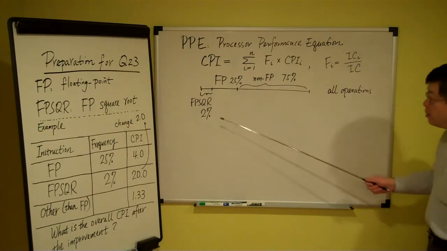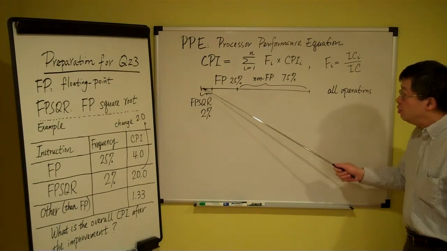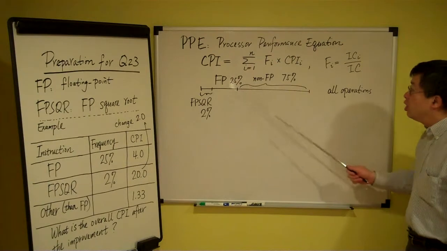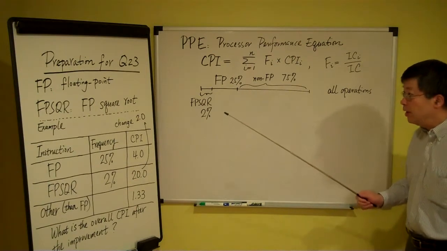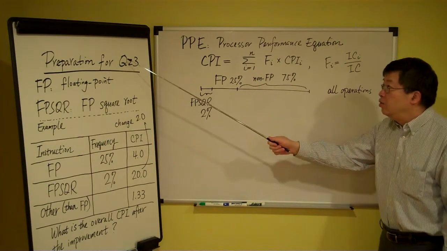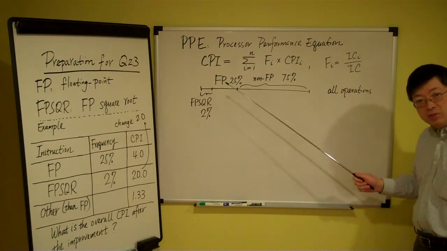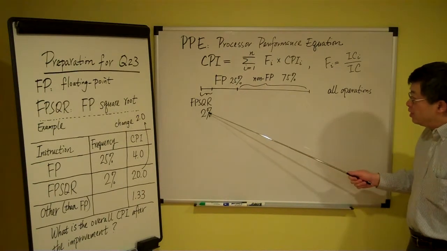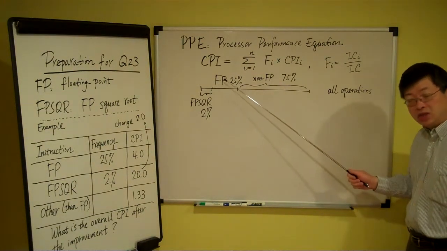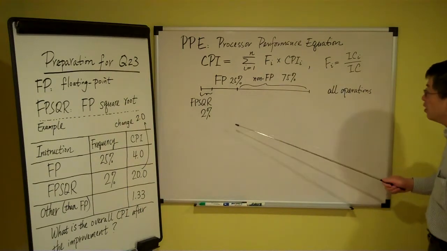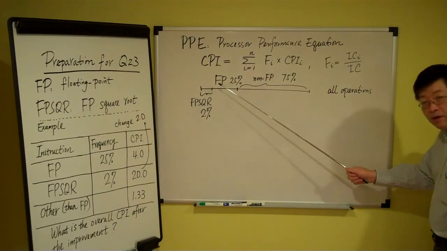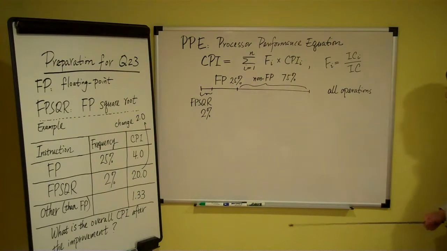So that means this 2% means 2% of all operations, not 2% of the 25% FP operations. Similar to our question 23, some students may feel that 2% could be 2% of the floating point. That's not correct. The frequency we mean is among all the operations, not among only FP operations.